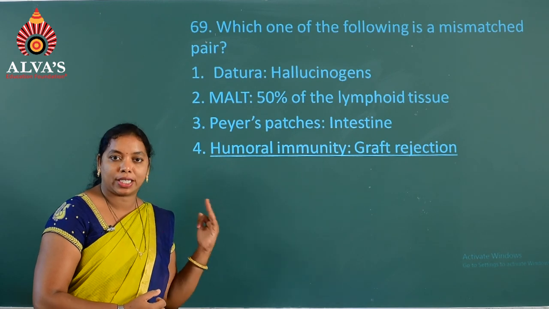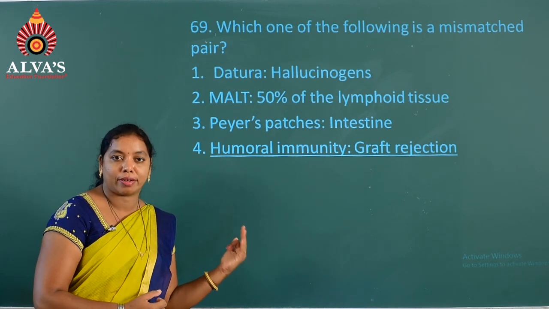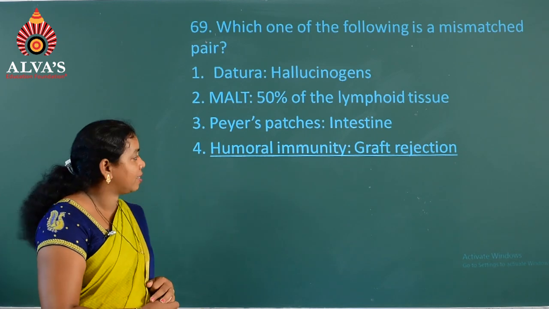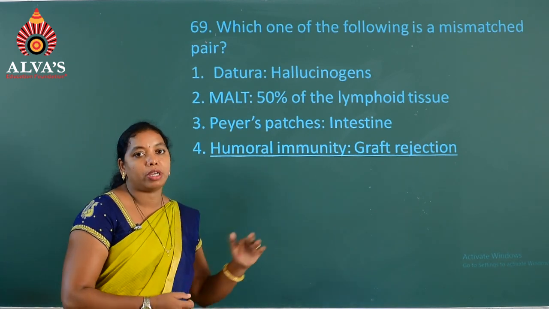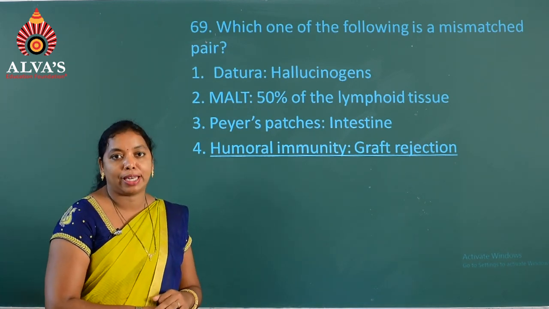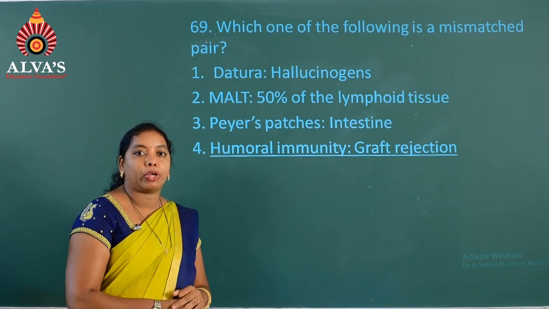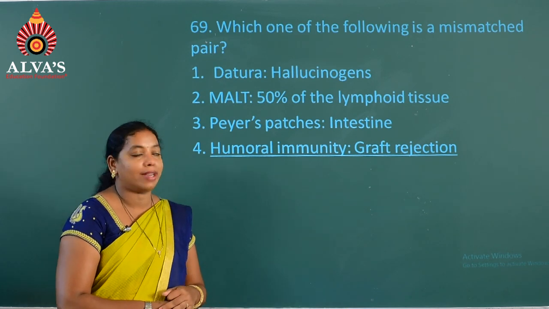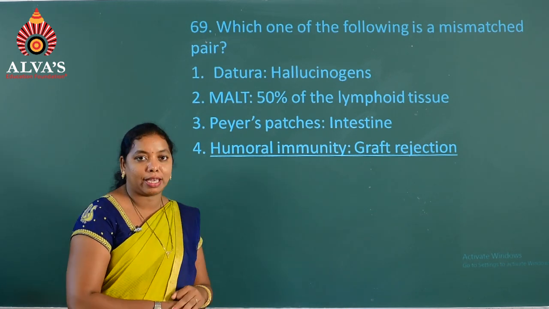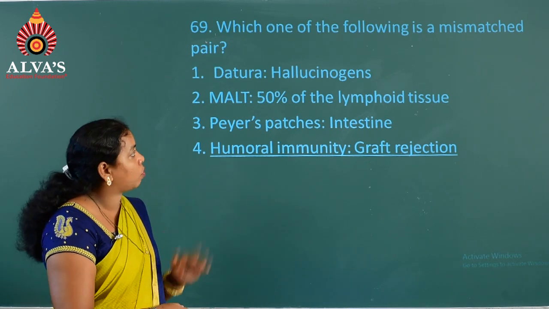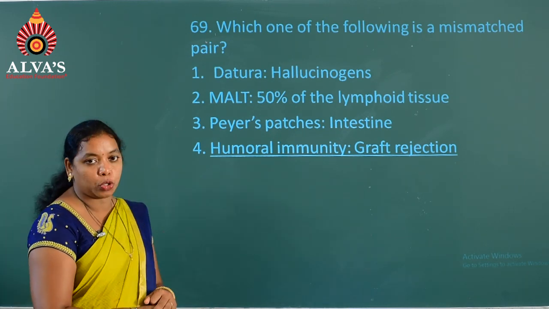First one is right, second is right, and even the third one is right. The fourth one is mismatched. The reason is that humoral immunity is the property of B lymphocytes or B cells, while graft rejection is the property of T lymphocytes. So, the fourth option is the right answer for the mismatched pair.